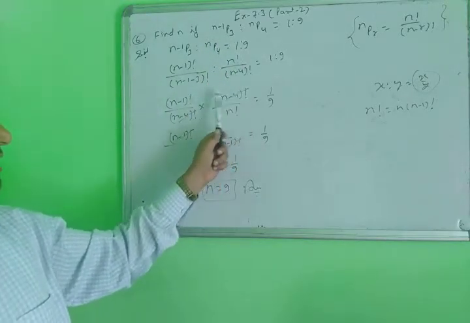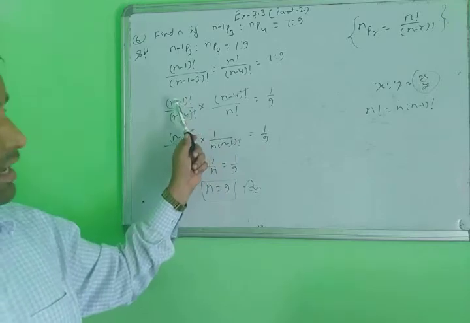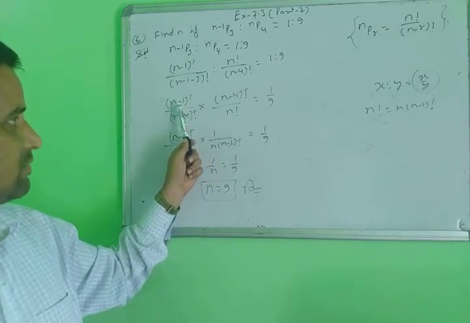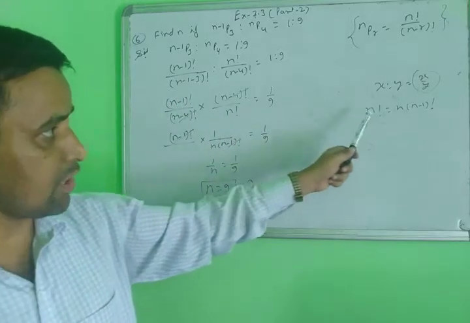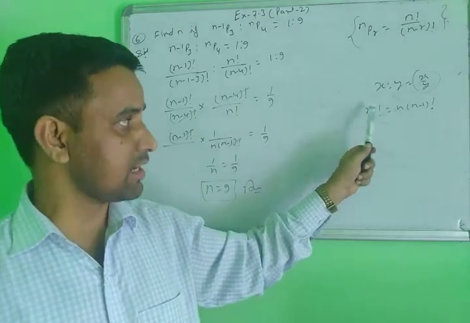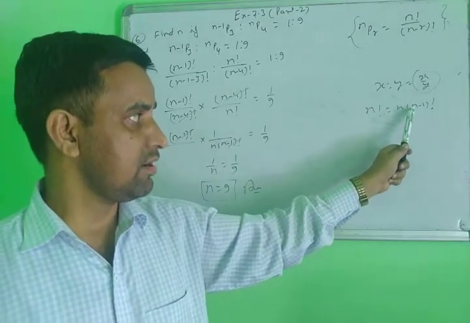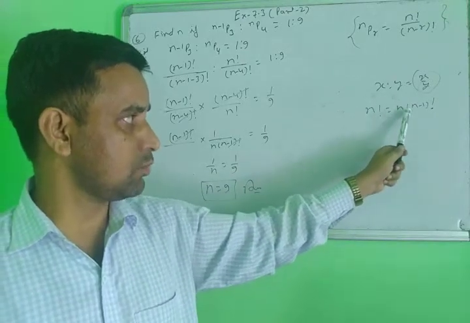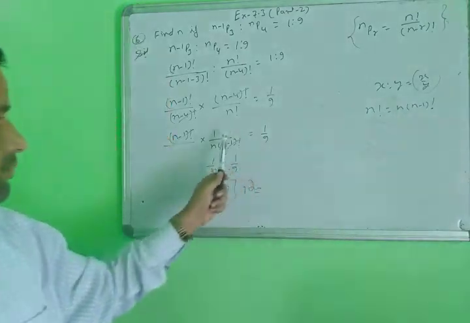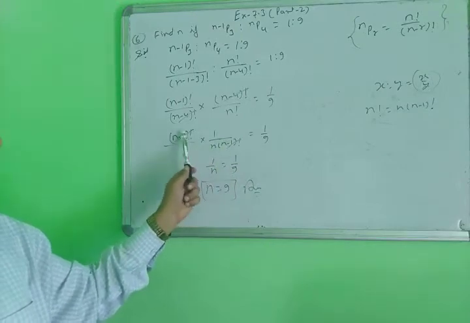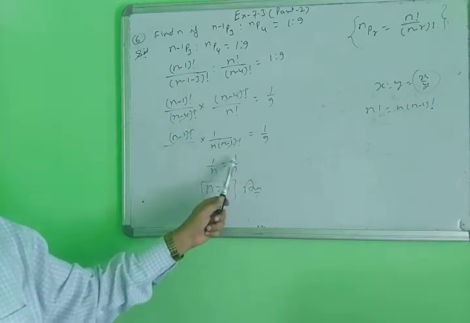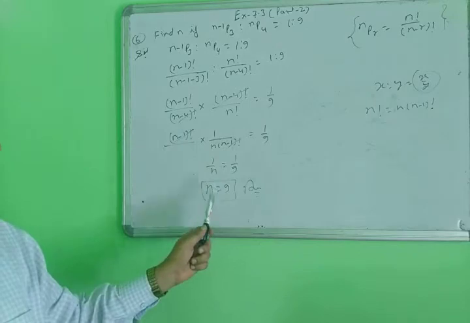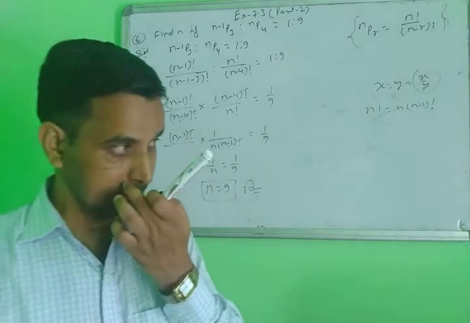Left here are factorial n and factorial (n minus 4), so this and this will cancel. After that, factorial (n minus 1) is the same here, but here factorial n you break down into n times factorial (n minus 1), because this and this will be cancelled. So left here is 1/n, then 1/n equals 1/9, the value of n equals 9. So this is your final answer.